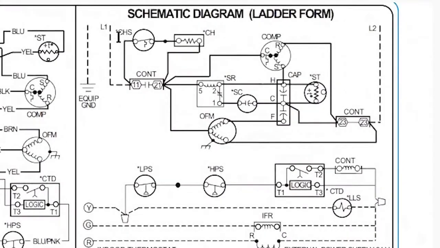Now, why did I say it was a thermostat? Well, I know it's a thermostat because if you notice this little image here, it's got this little squiggle where it goes up and then over and then over and then up. That is a temperature sensing switch. So whenever you see this little image where the line goes up and then over and then up and then over and then back up, this is a temperature sensing switch. And I can also tell that it is a normally closed, open on rise temperature sensing switch.